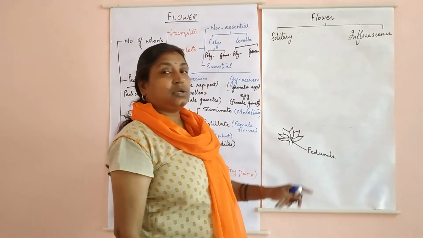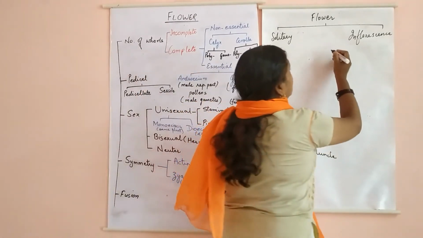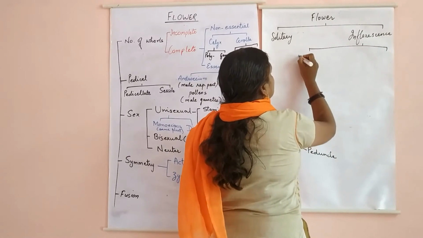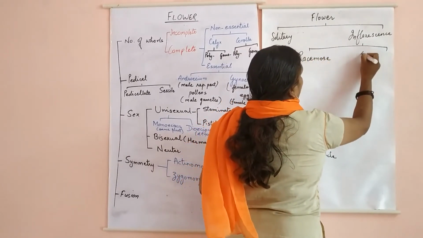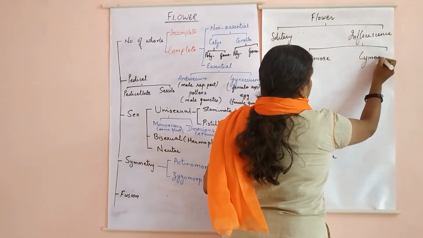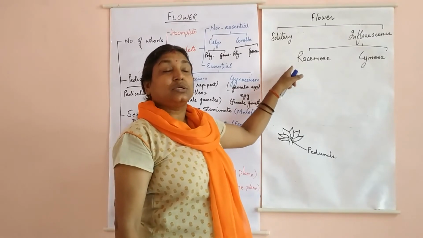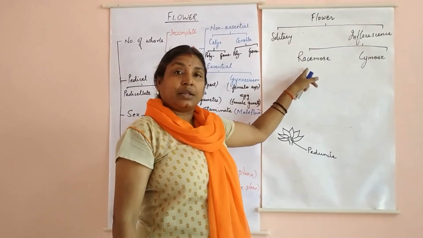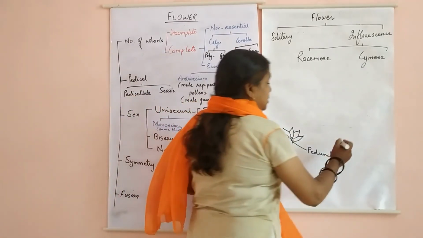So this peduncle can be branched or unbranched. Depending on the branching and unbranching of the peduncle, we have two types of inflorescence, racemose and cymose. In racemose, what happens? The terminal end never ends in a flower. It continuously blooms in acropetal succession.